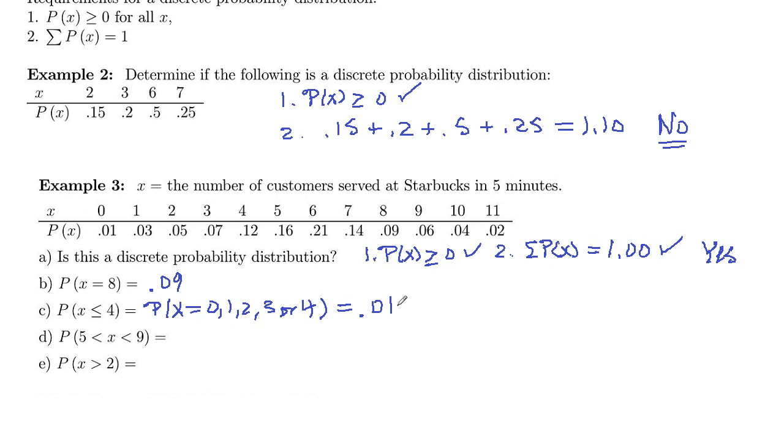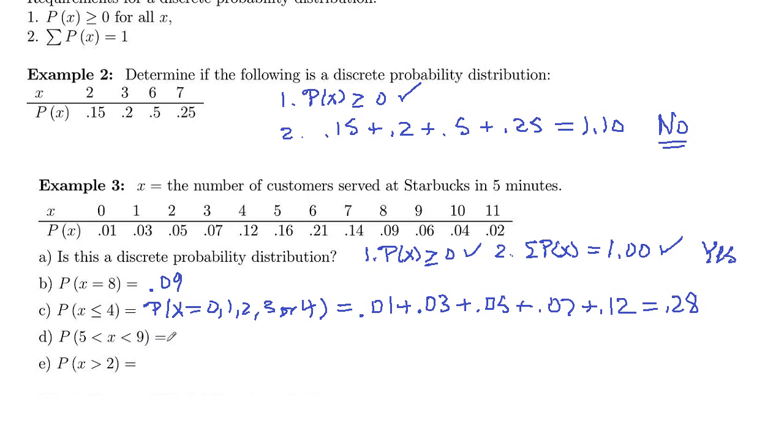So 0.01 plus 0.03 plus 0.05 plus 0.07 and plus 0.12. So what is that? 4 and 5, 9, 7, 16, 26, 28, 0.28. So 28% chance that the number of customers served is at most 4.